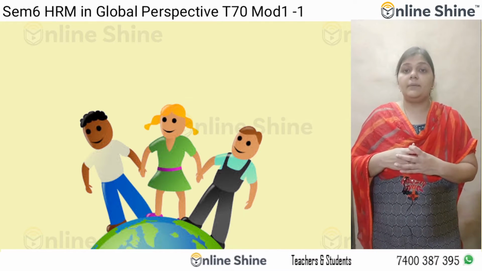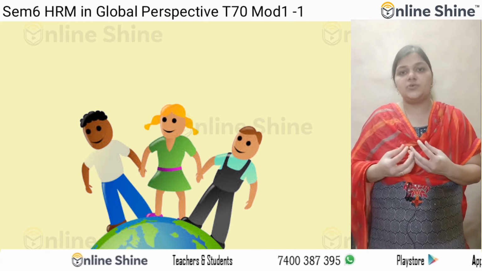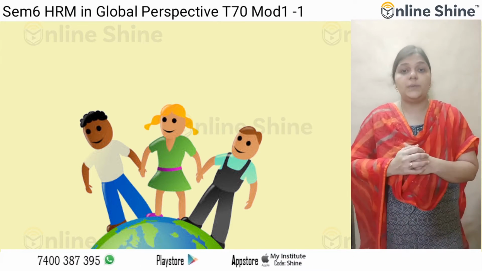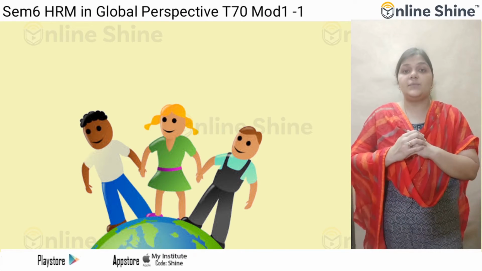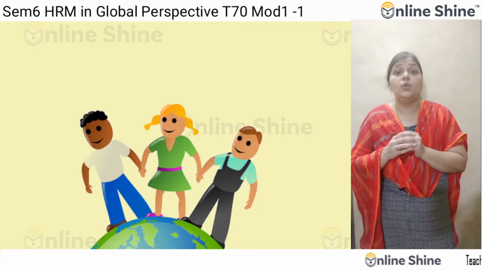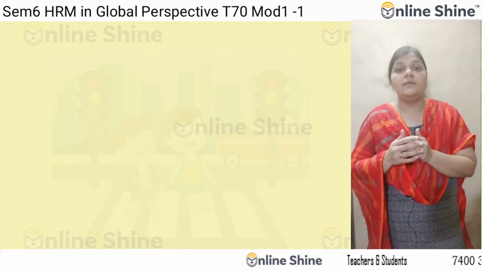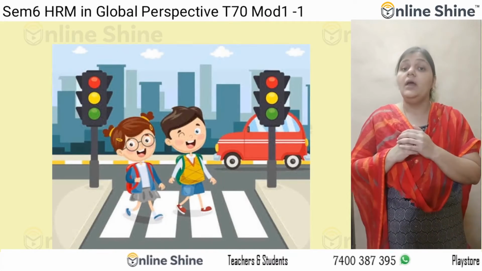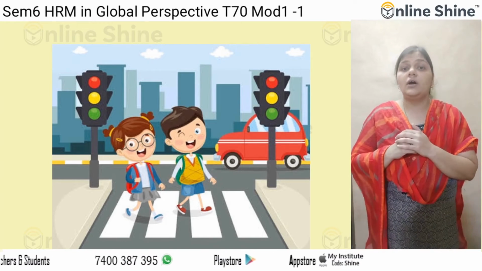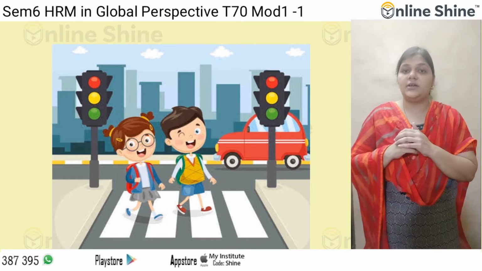So what has happened? I have somehow changed myself and I have to absorb this according to what those people are doing. That is where, as an individual, as a human resource, when you go out to another country and try absorbing the other country's rules, regulations and everything, we talk about human resource management in international perspective.